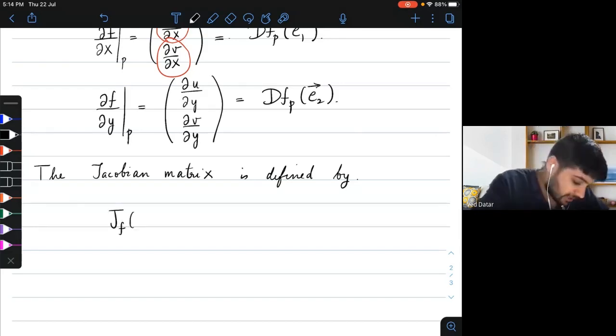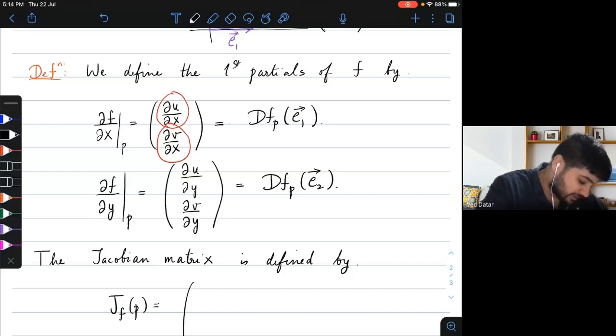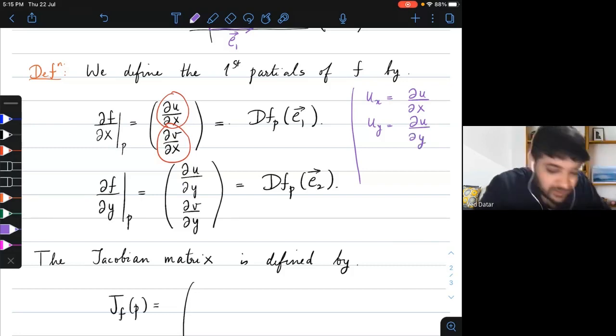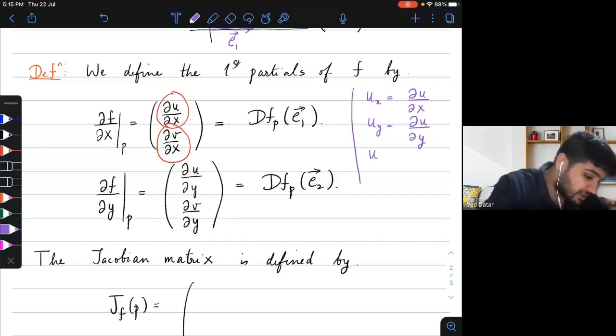JF at P. This is equal to, so sometimes I'll also use the notation. So this is a piece of notation. Ux will basically be equal to del u by del x. Uy will be equal to del u by del y. So this is just some convenient notation. Similarly for v, Vx is equal to del v by del x and Vy is equal to del v by del y.